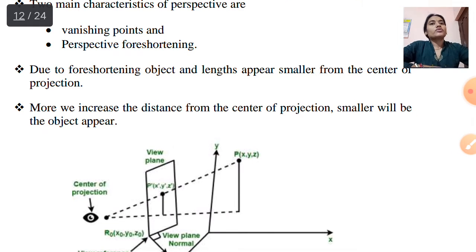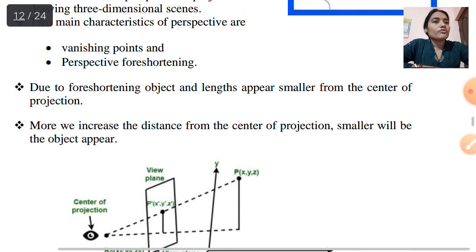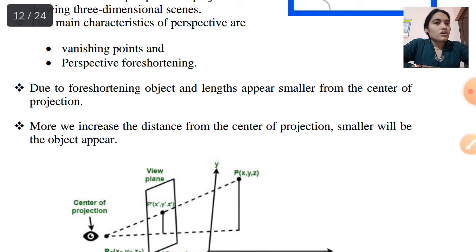Due to foreshortening, object length appears smaller from the center of projection. The more we increase the distance from the center of projection, the smaller the object will appear.